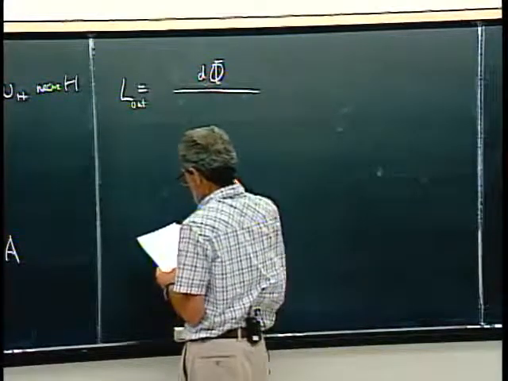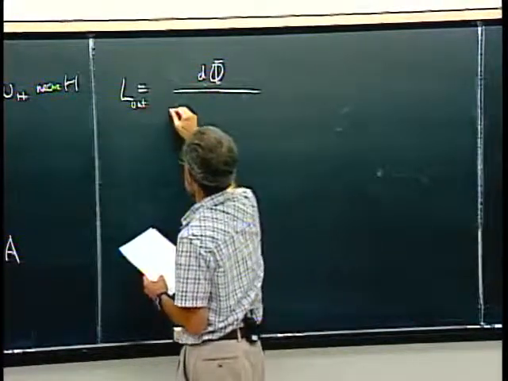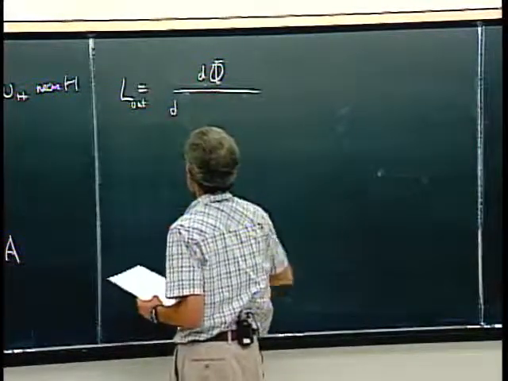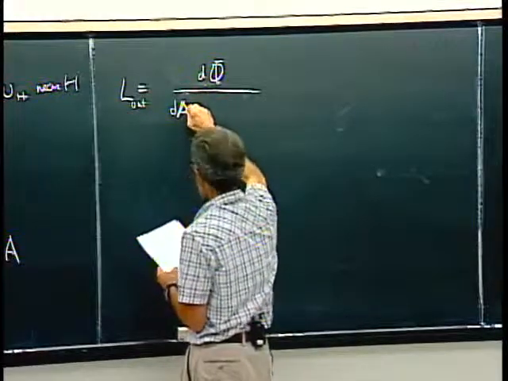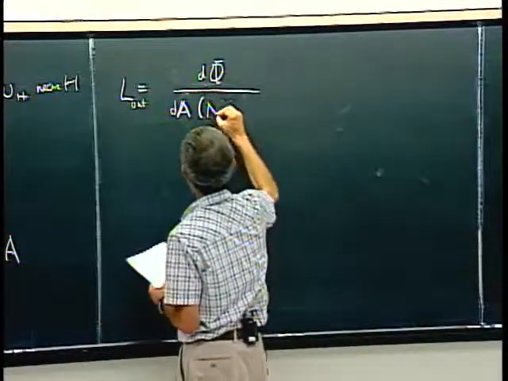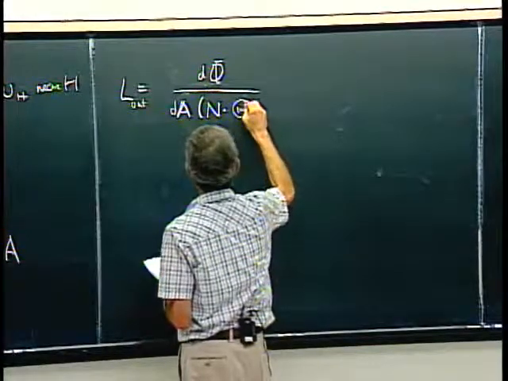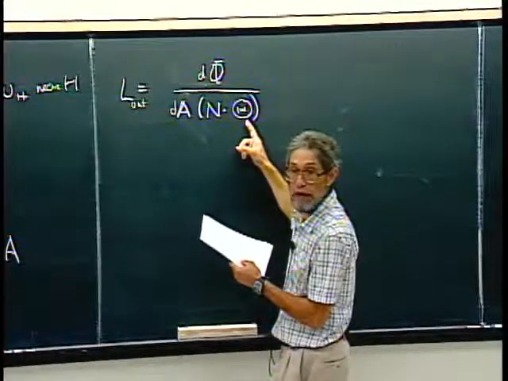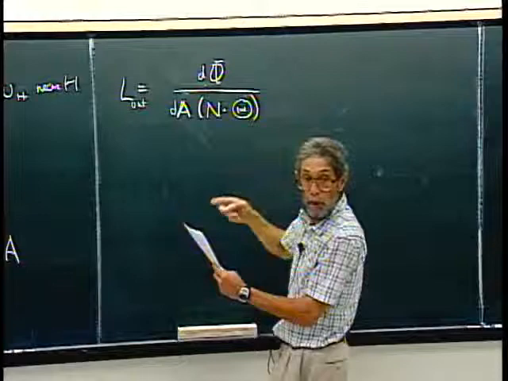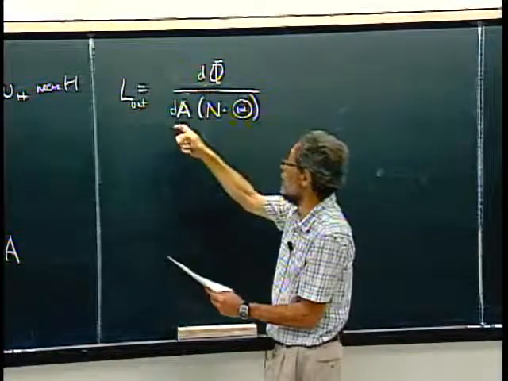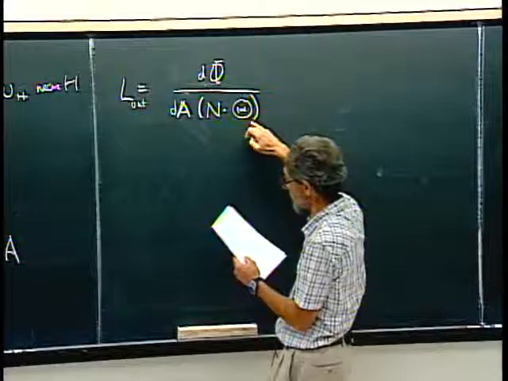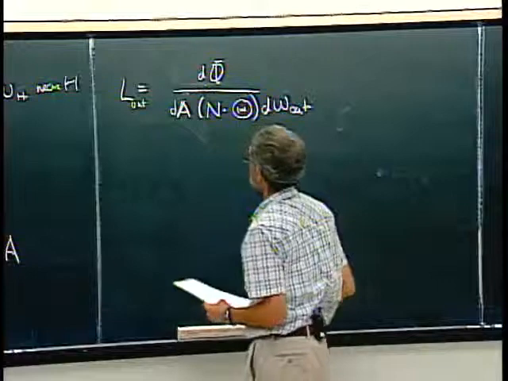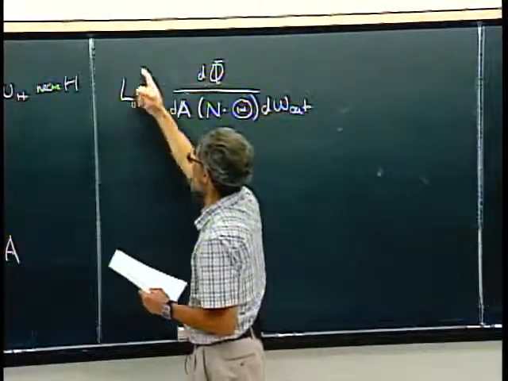Divided by the area perpendicular to the beam going out, and so that's dA, the area of that surface patch in question, times the angle n dot theta. This is the cosine of the angle on the way out, right? Because it's got to be measured per unit area perpendicular to the outgoing beam. And this is the area on the surface, and now this projects it perpendicular to the outgoing beam, times d omega out. So that's the radiance out that we're interested in.